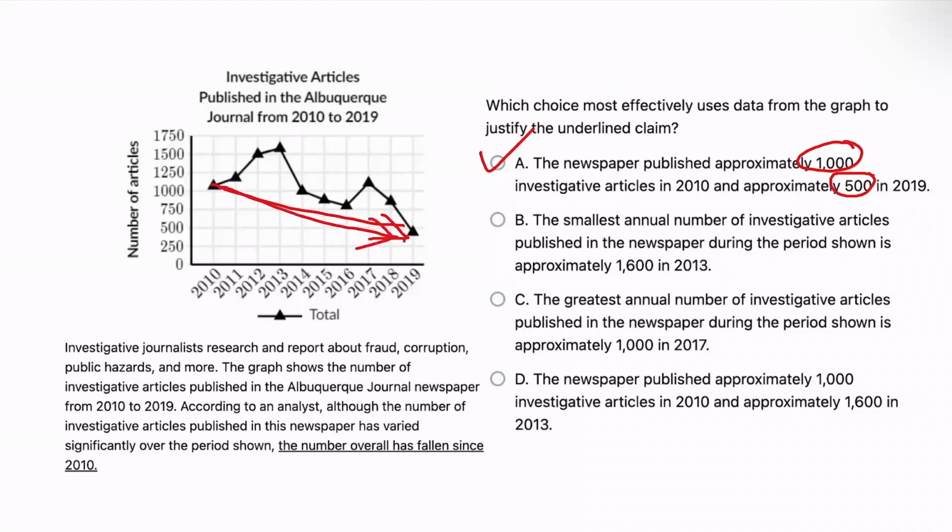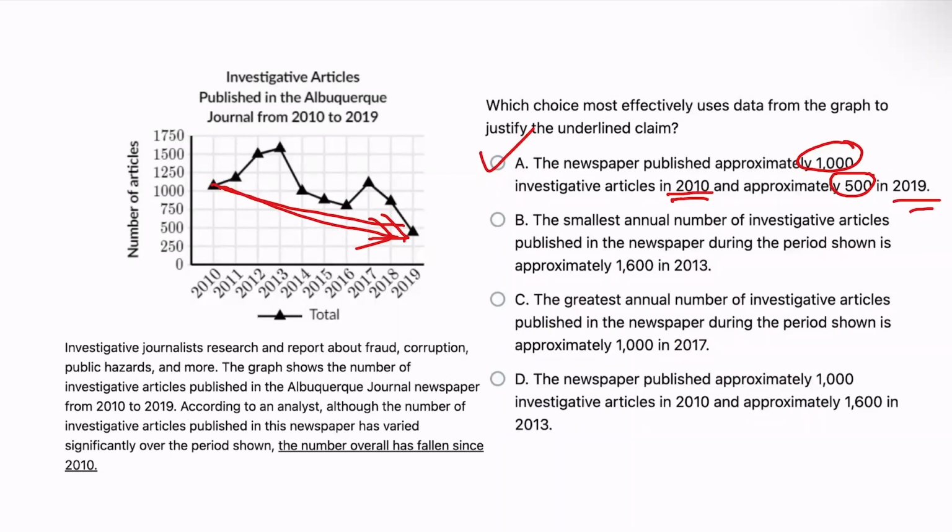So this one is a summarize question. Which one is a better summary of the trend? All the other ones give you a specific point, and they don't show this falling tendency. Also, A gives statistics from 2010 to 2019, so that gives the best one.